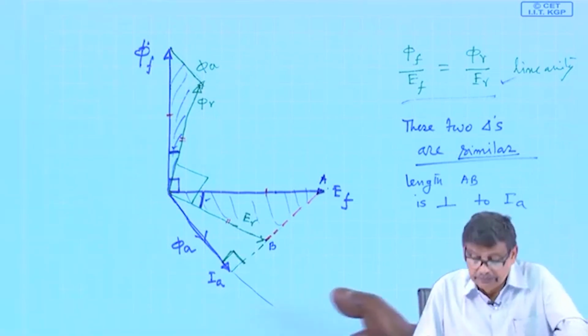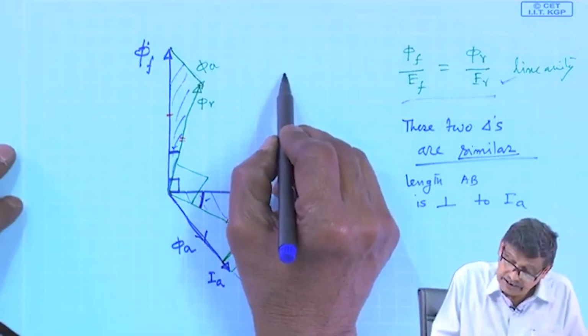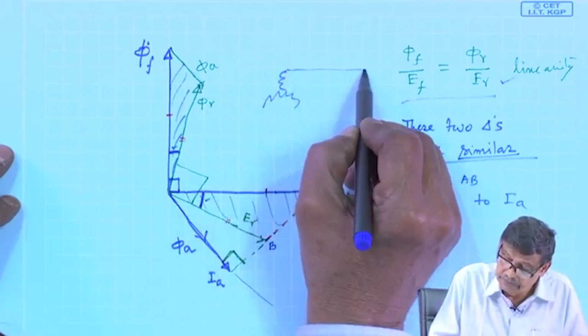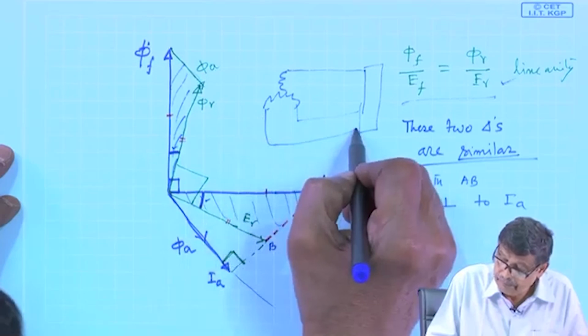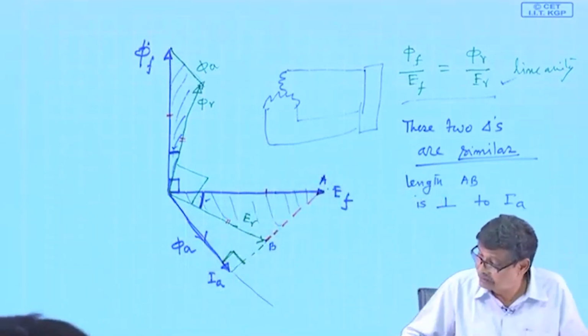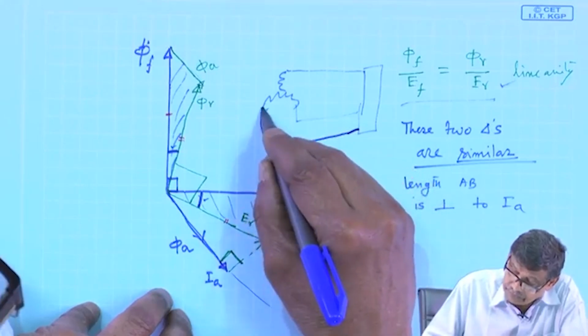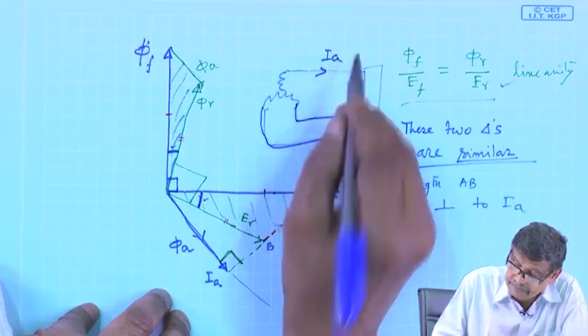Are you getting? See, the point is your machine is here, here is your load, here current is delivered.